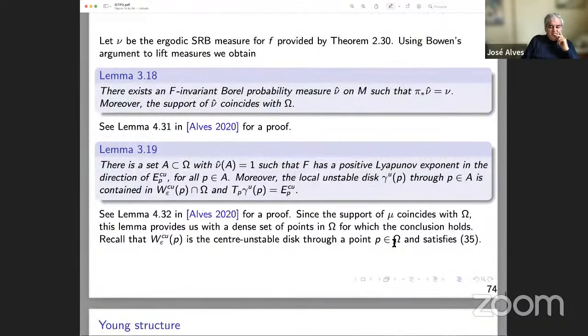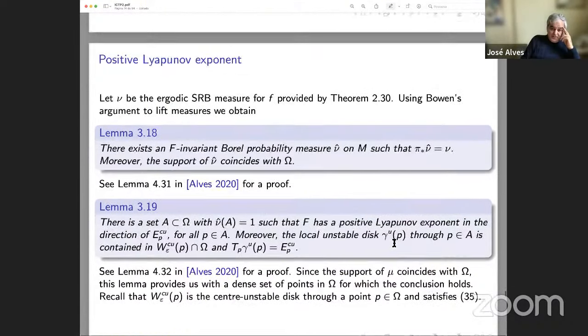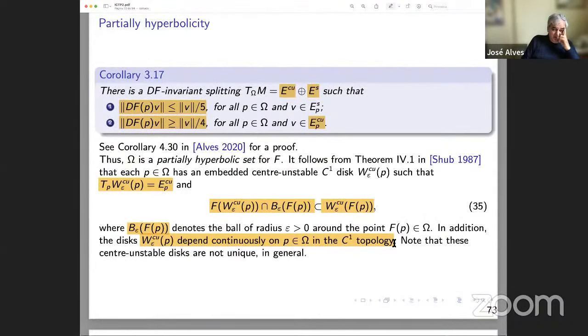Well, these disks are not necessarily unique. This family of disks is not necessarily unique by the result of Shub, and there's nothing that assures that we have expansion. So we only have expansion in the return.